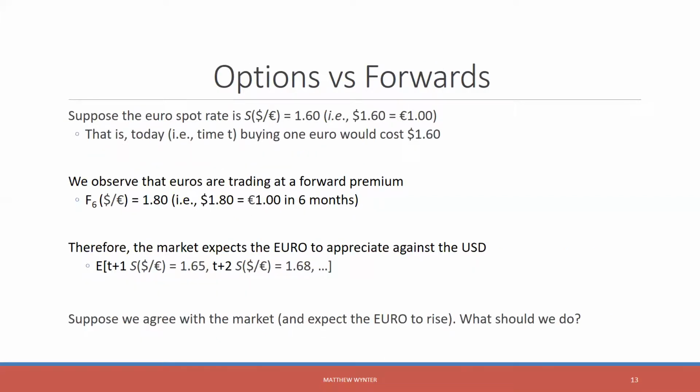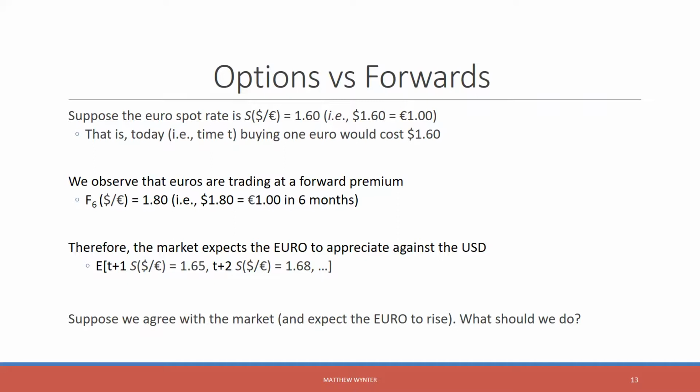All right, suppose the euro spot rate is at 160. So that means $1.60 will buy me €1. Today at time T, we observe that euros are trading at a forward premium. So we can see in the futures market that for 6 months or for a year, the implied price, the price today, is lower than the forward price.